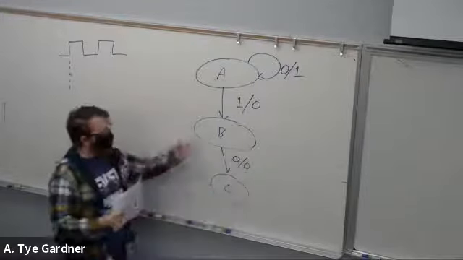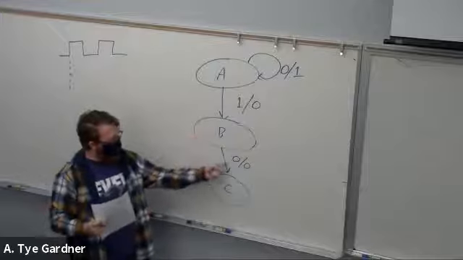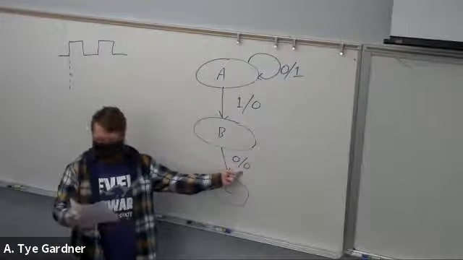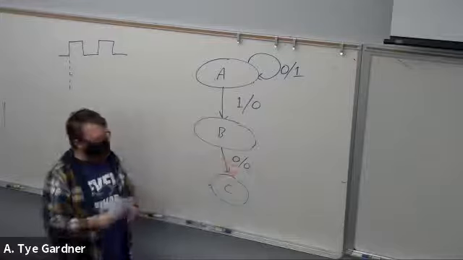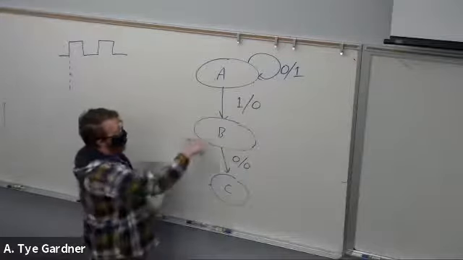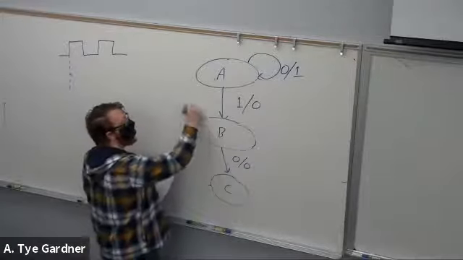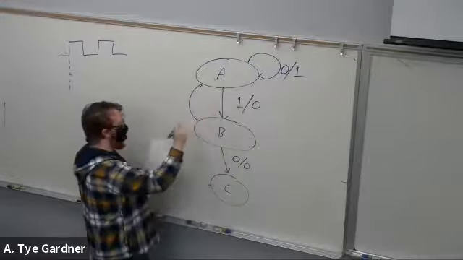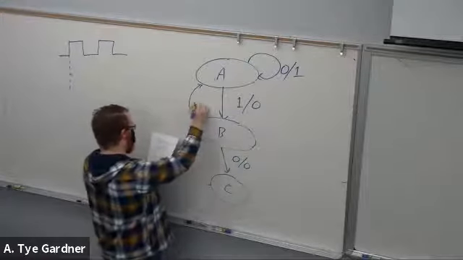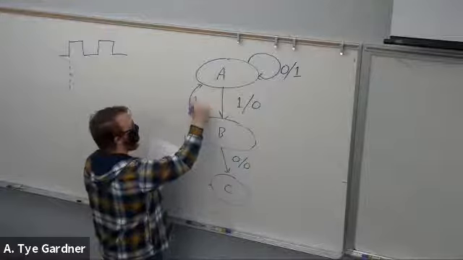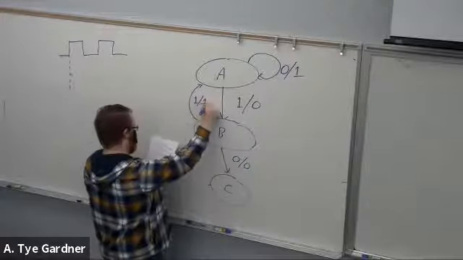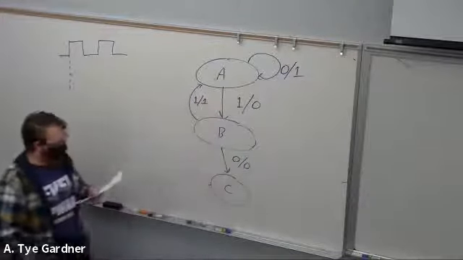So now, if I'm in state B, if I see a 0, still 0, stay there. However, if I'm in state B, I'm going to go back to state A if I get a 1, and I'm going to output a 1.